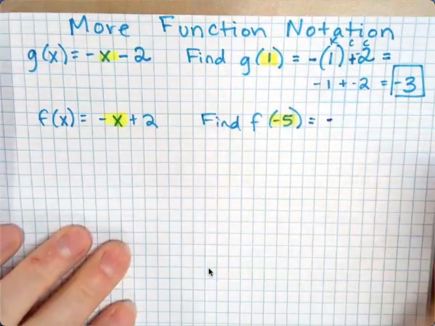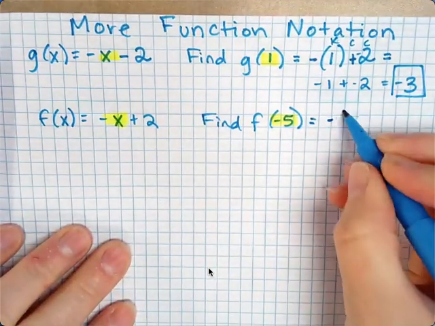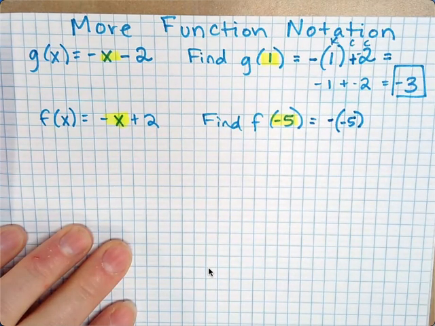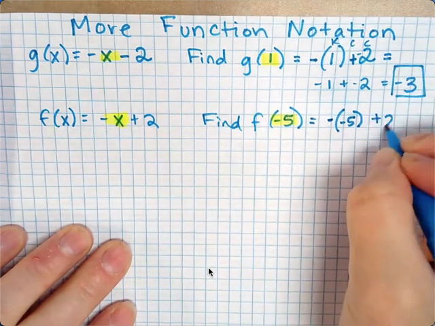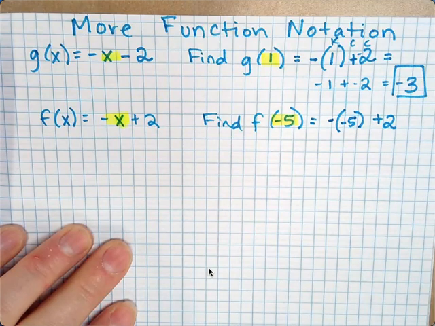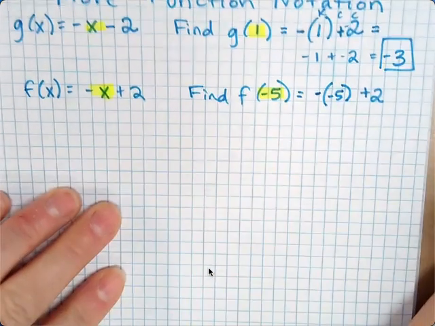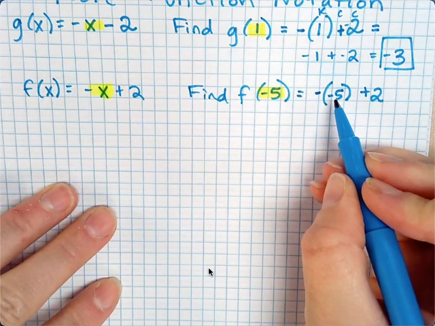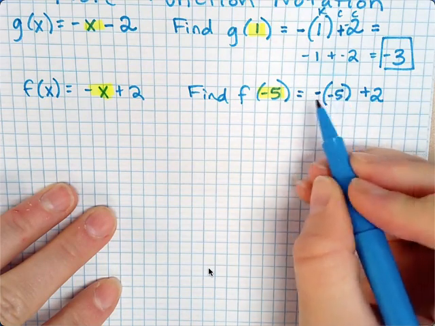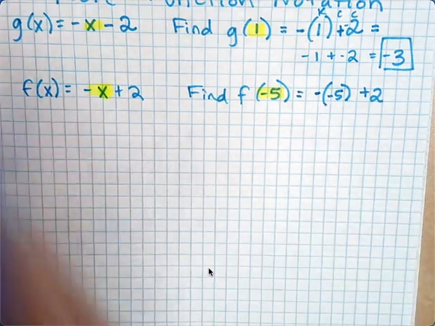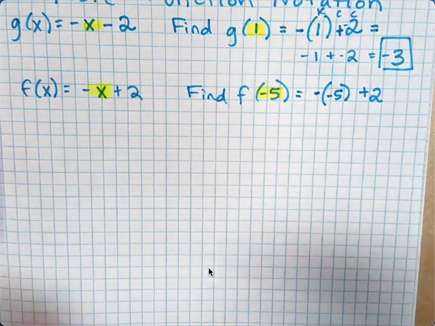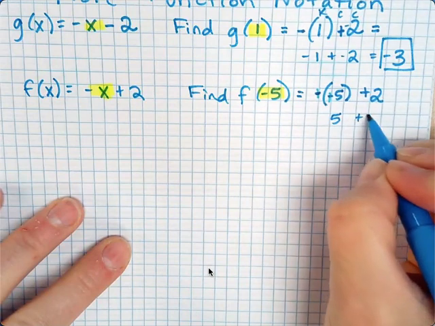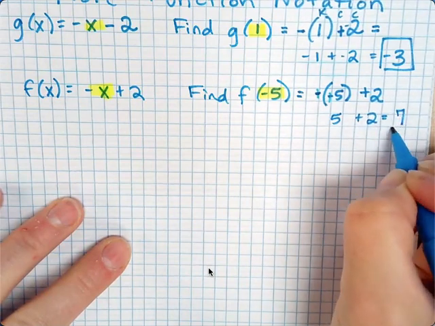There's already a negative out front. Then I put my negative 5, my input, in parentheses still. Then plus 2. Whenever you have a negative back to back, what happens to those? Yeah, it becomes positive. So that just means 5 plus 2 equals 7.